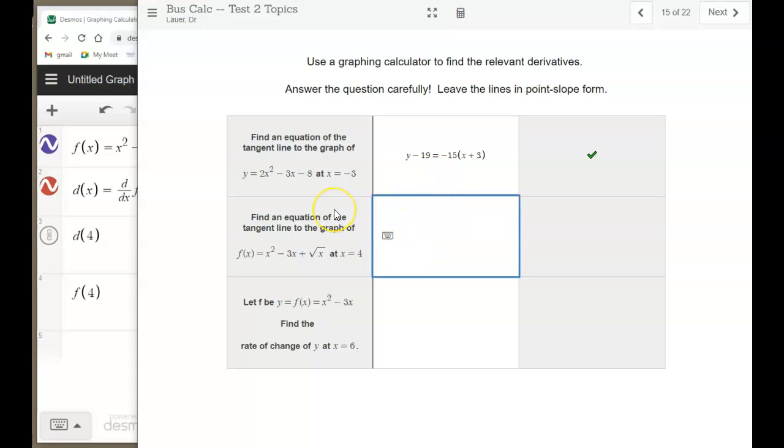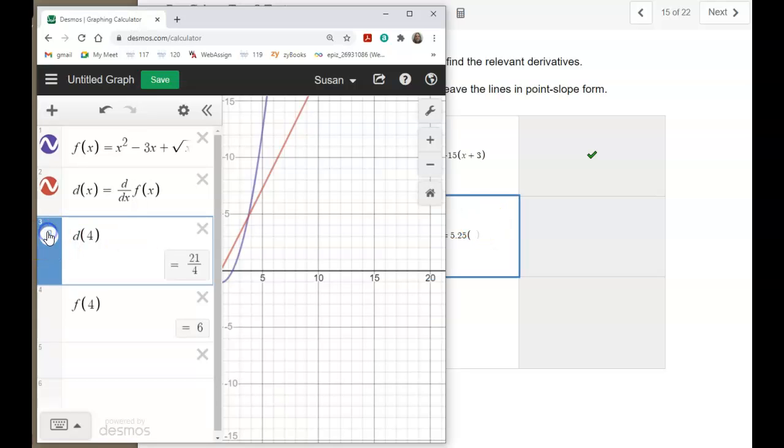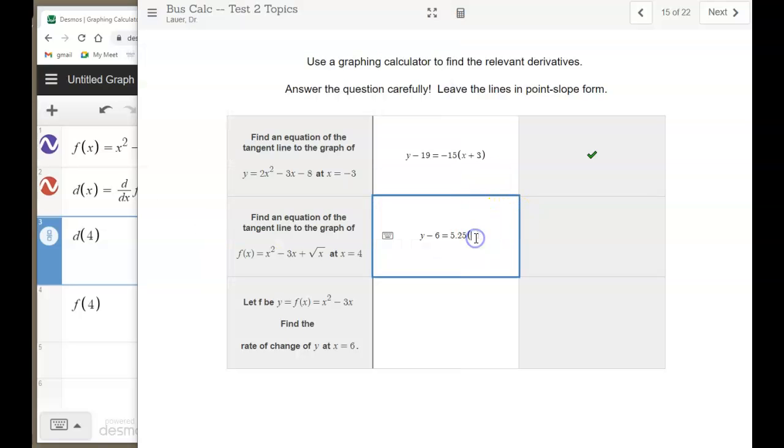So I can type in the same thing, y minus the function value was 6 equals m, which is 5.25. And if you wanted to, you could convert this to a fraction, 21/4 times x minus 4.